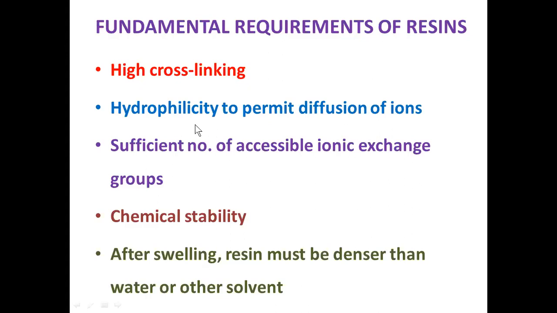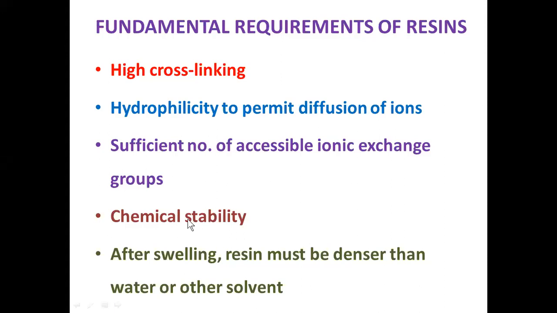If hydrophilicity is more, then only into the pores of the resin will the penetration or diffusion of the ionic species become possible. The resin must have accessible ion exchange groups, then only the exchange process will be expected. If the resin has no available ion exchange groups, we cannot expect any ion exchange process.